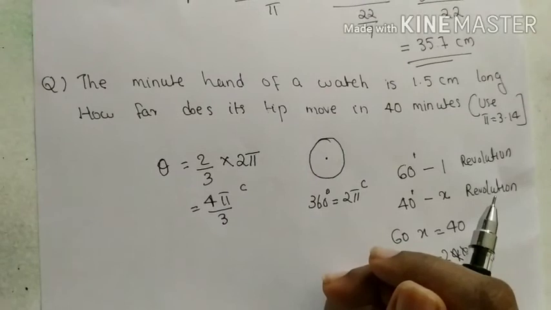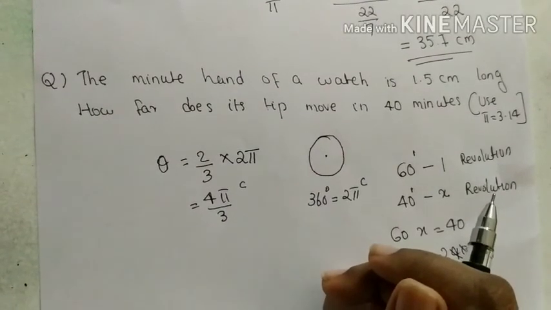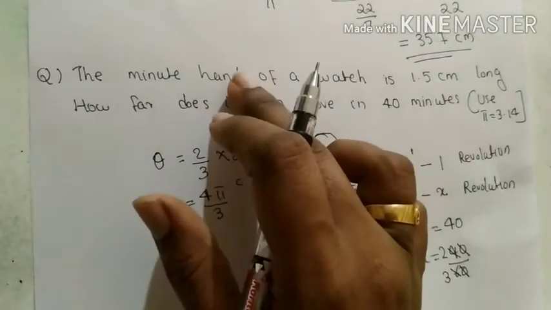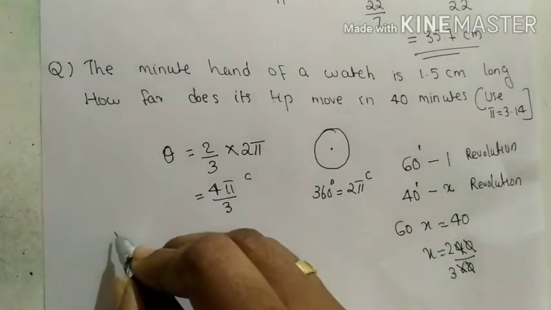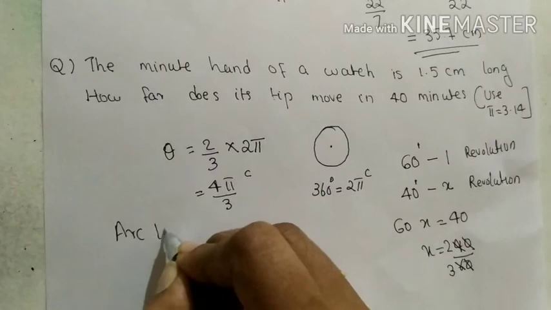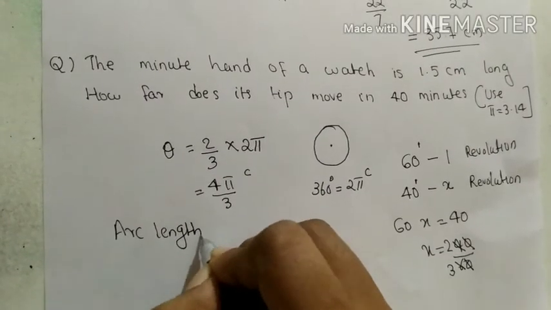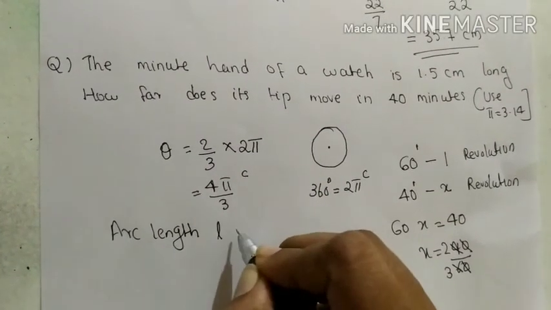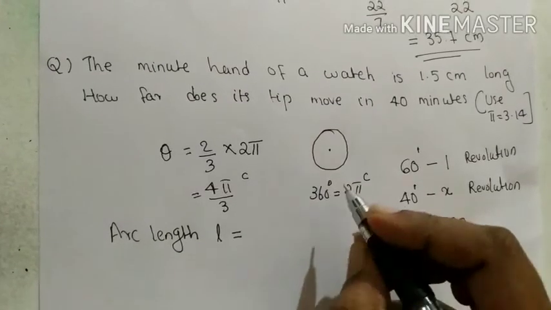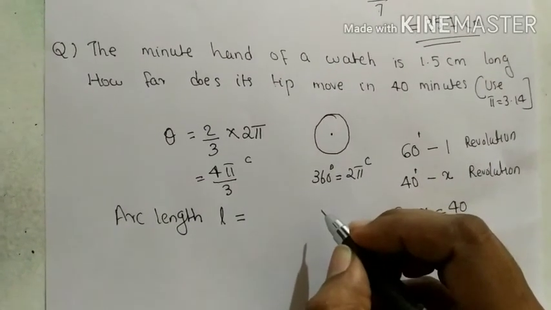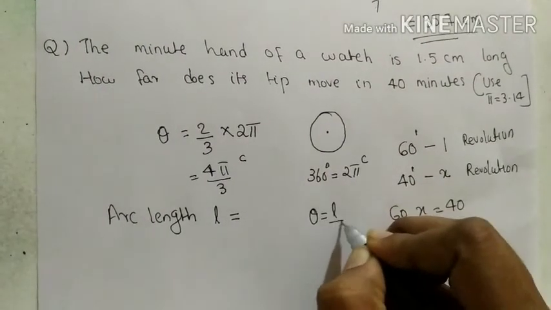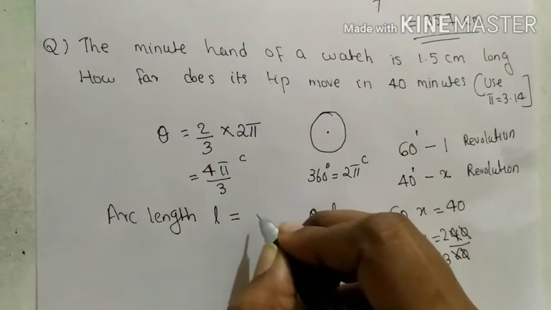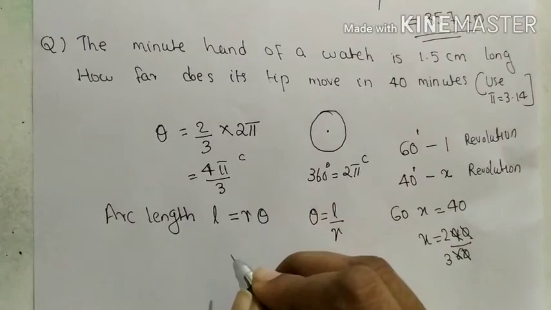In this question we required the distance traveled by the minute hand in 40 minutes. That is, we need to find out the arc length. Arc length L equal to, we know that the standard formula is theta equal to L by R. From this we get L equal to R theta.